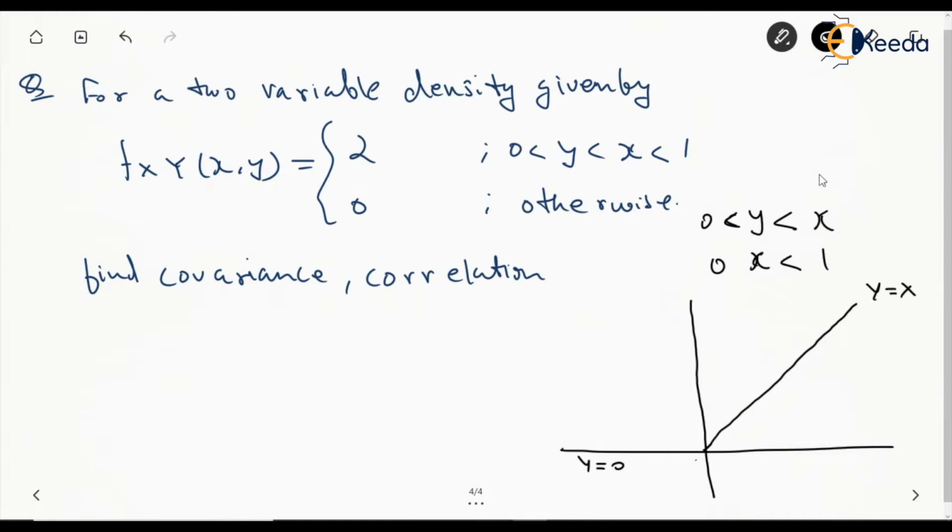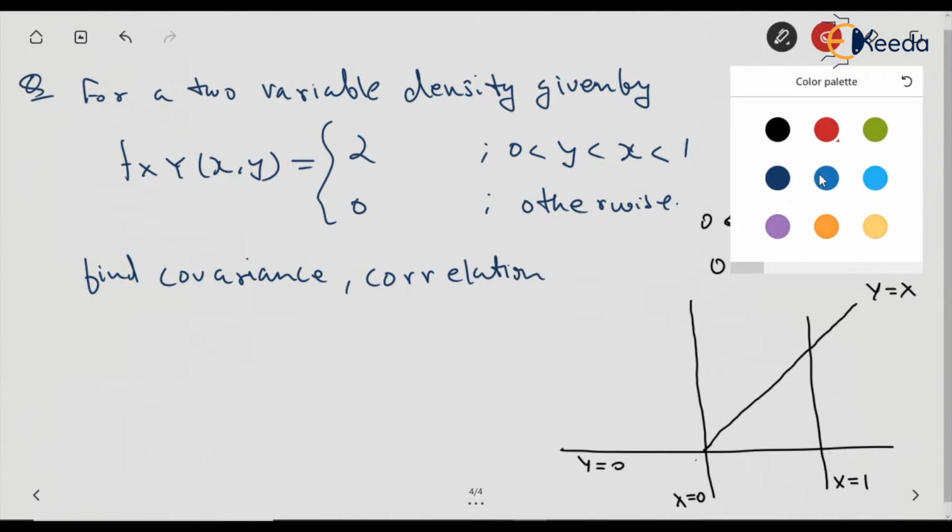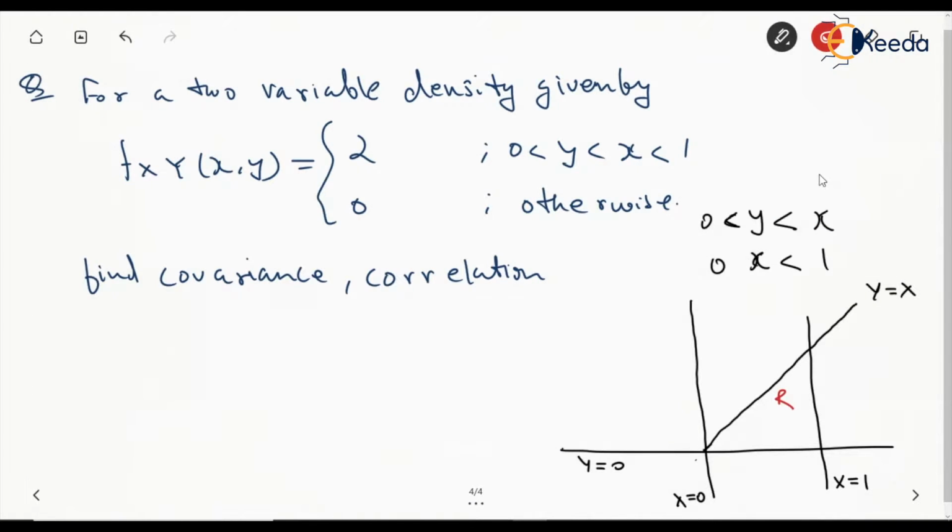X is equal to 0 is this one, and x is equal to 1 is this one. So it is clear that the region defined here is this triangle, right? This is the triangle for which we are going to do all the calculations, making sure that we don't leave the region.